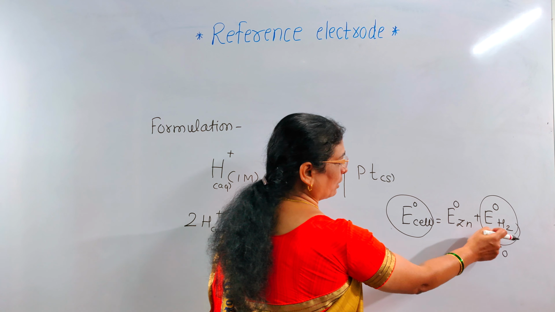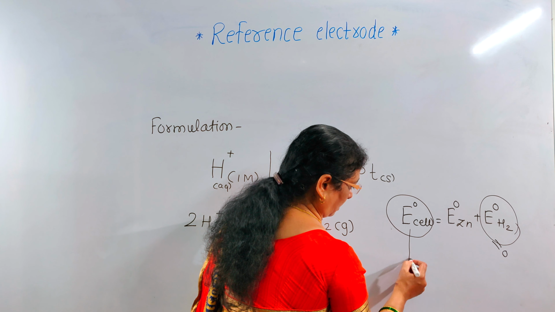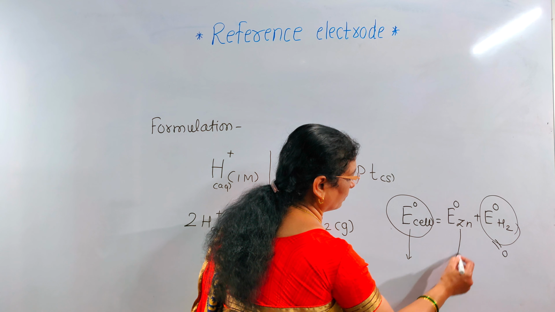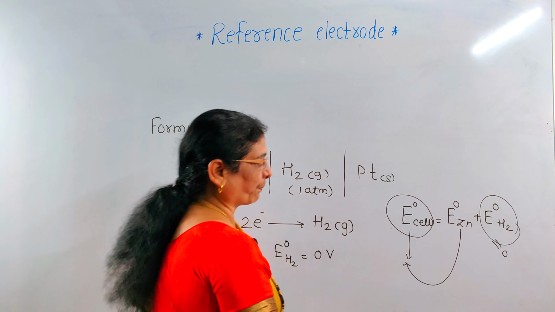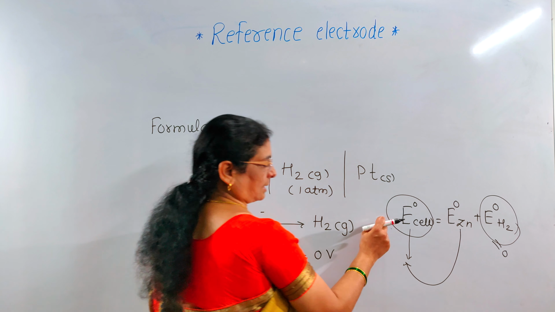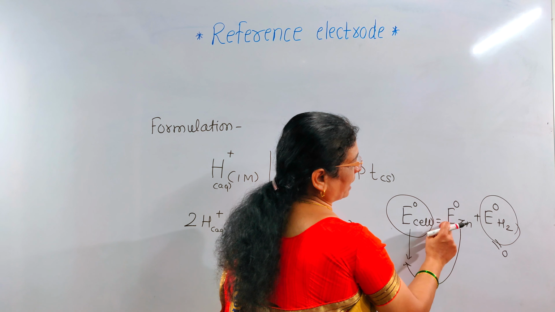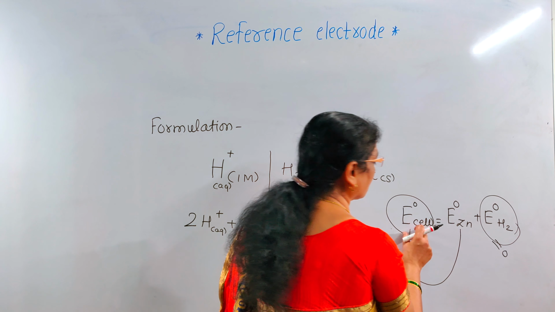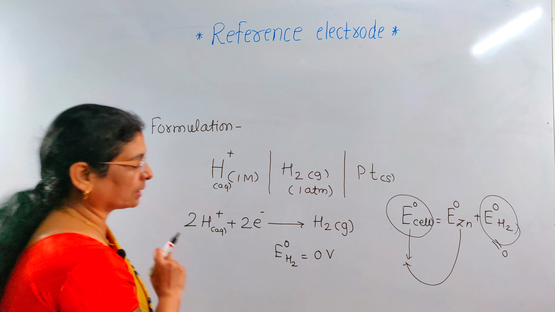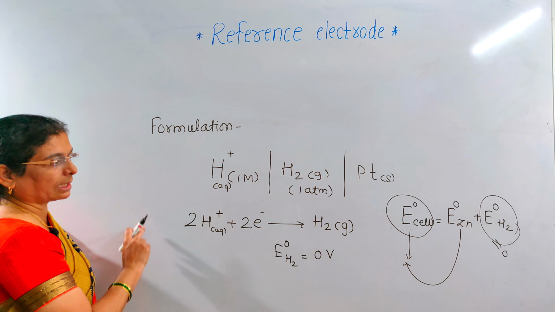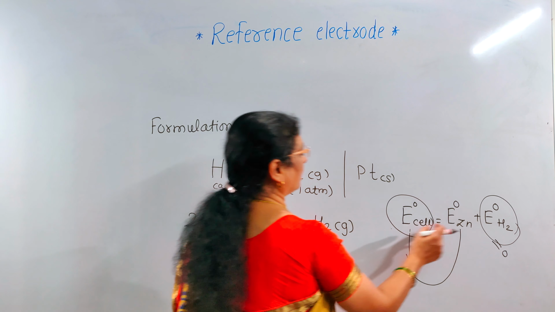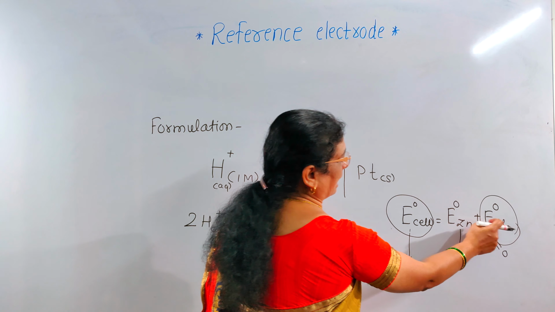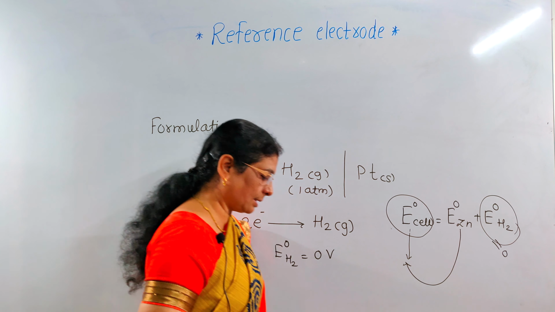Now as this value is 0, the EMF of this cell will give you directly the potential of this electrode, that is zinc electrode. The EMF of a cell is equal to the potential of this zinc electrode. Like this, by using standard hydrogen electrode as a reference electrode, you can directly determine the potential of the electrode, as the standard hydrogen electrode potential is 0.